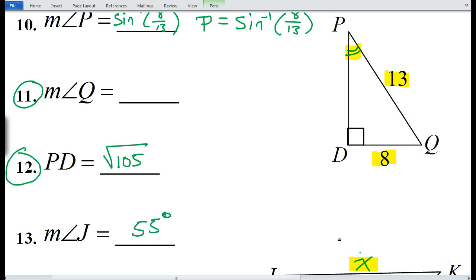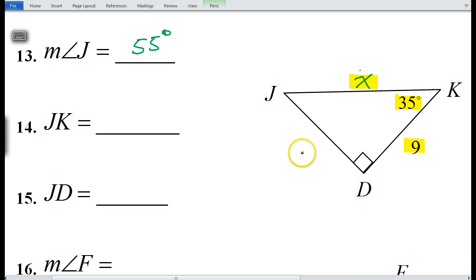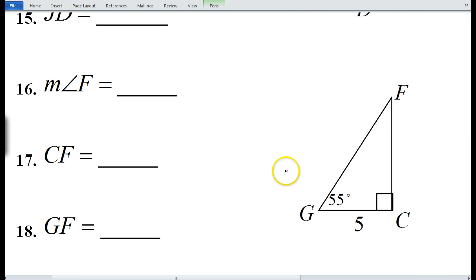We used 8 and 13. Those are the only two numbers we had, so we used them. Looking at the picture below, what two numbers am I going to use on the bottom triangle, Siobhan? 55 and 5. Whatever the two numbers you got, use them.